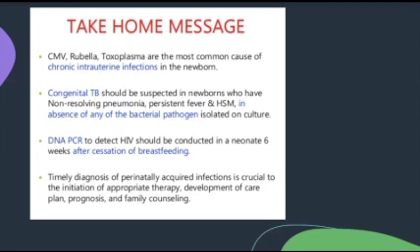DNA PCR to detect HIV should be conducted in a neonate 6 weeks after cessation of breastfeeding. Timely diagnosis of prenatally acquired infection is critical to the initiation of appropriate therapy, development of a care plan, prognosis, and family counseling.